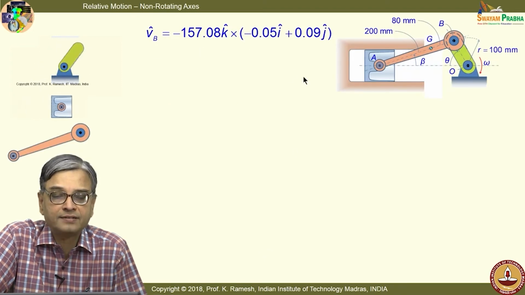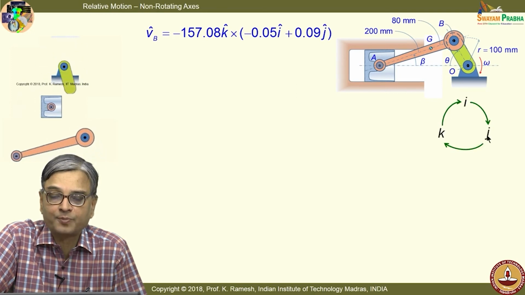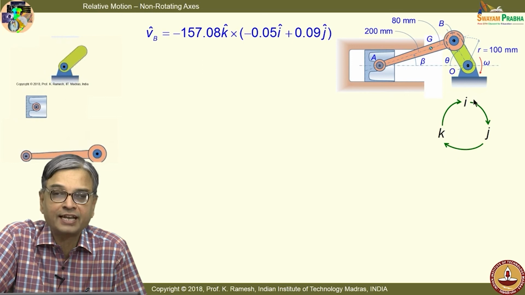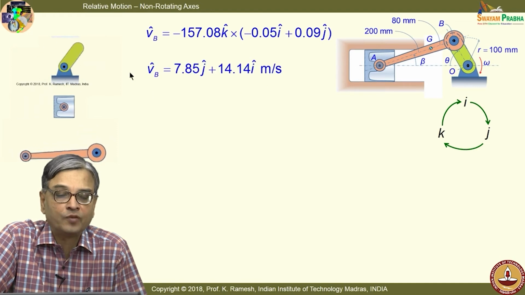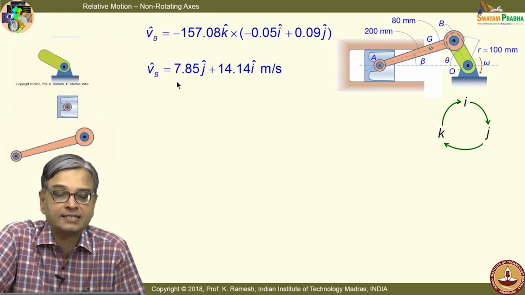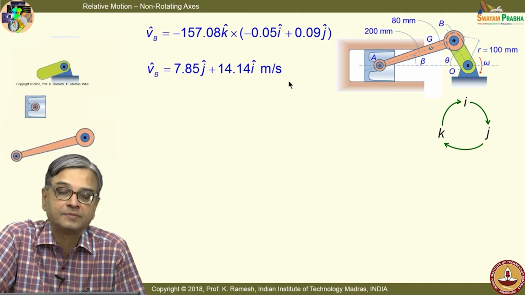So, I have this, and to aid your cross product, I have also put this ijk like this, so that you keep track of the signs properly. So, finally, I get VB as 7.85 j plus 14.14 i meters per second.